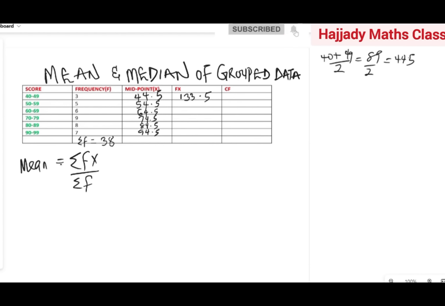And 5 times 54.5 gives us 272.5. 6 times 64.5 gives us 387. 9 times 74.5 gives us 670.5. 8 times 84.5 gives us 676. And lastly, 7 times 94.5 gives us 665.